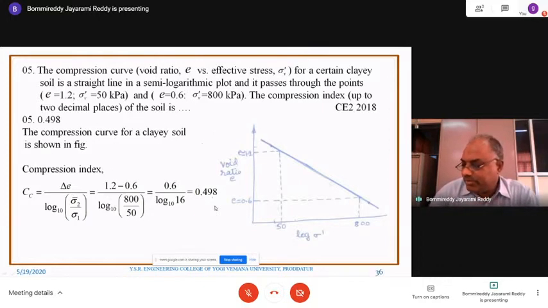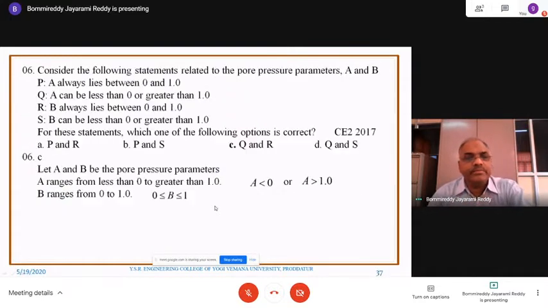So though the value is 0.498, you need to represent only 2 decimals, means either you put the answer 0.50 or otherwise 0.49. So these are the two values to be entered for the numerical question.